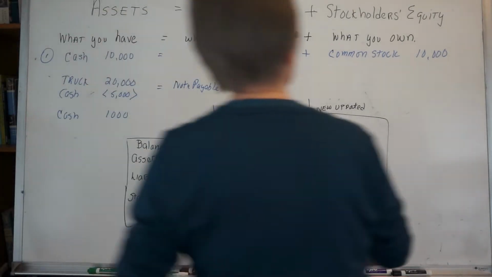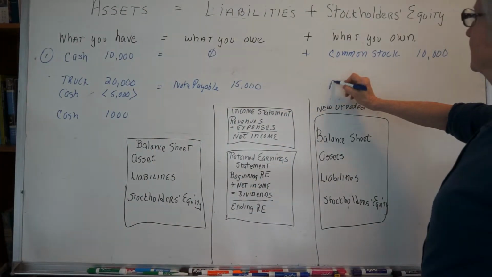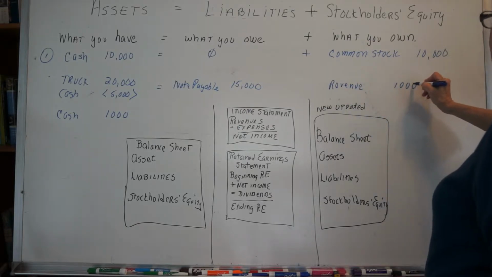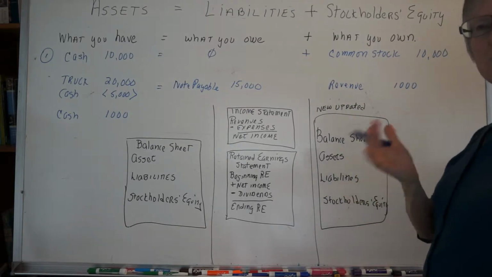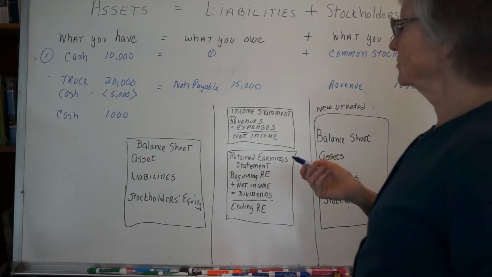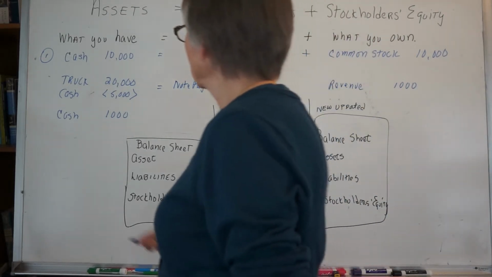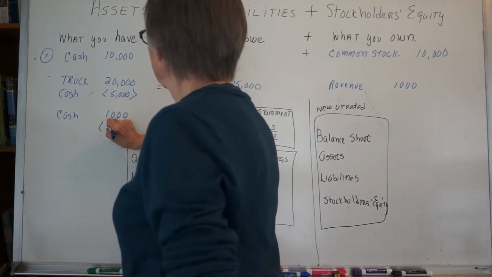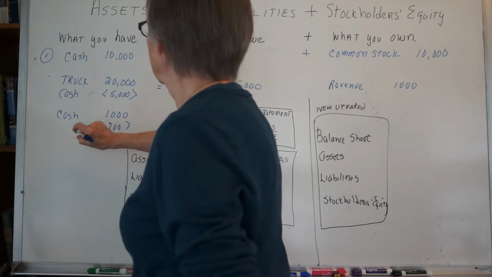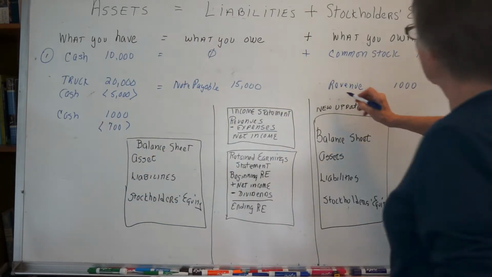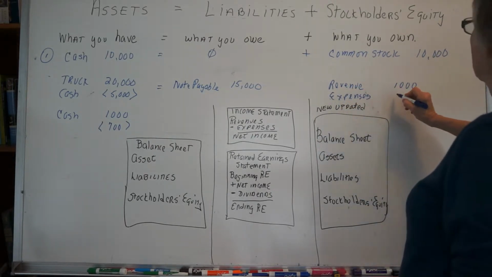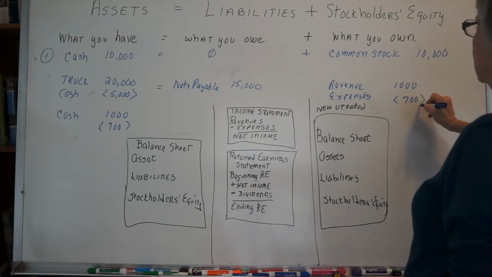And we come over here, and we go revenue, 1,000. Okay. Now we had to pay for gas and other stuff on the truck, and so let's just say that we had expenses related to this of 700. We had supplies, and I'm just going to lump that all in, and so we're going to say we had expenses, and that's all of our expenses for the month of, say, 700. Okay.